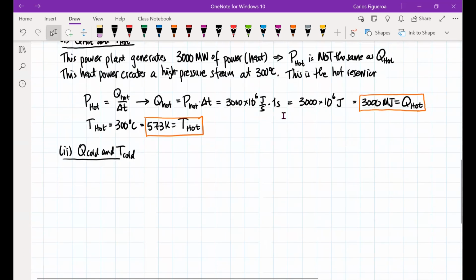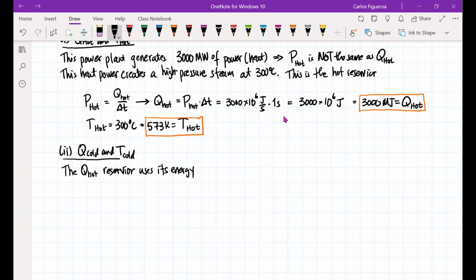So if I explain what I just said here, the Q hot reservoir uses its energy to spin the turbine, which produces 1,000 megawatts of electrical power.